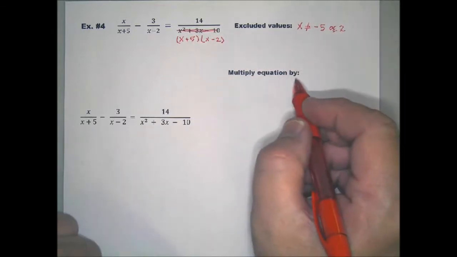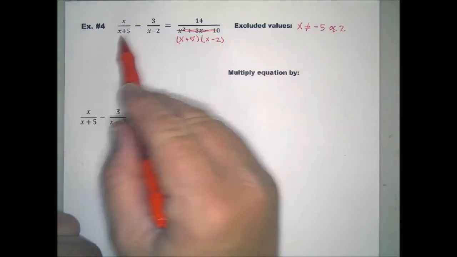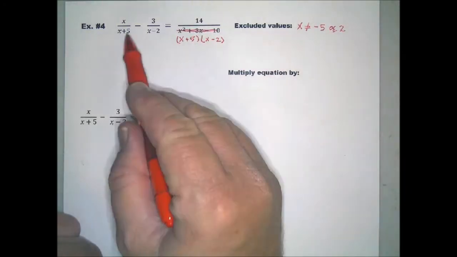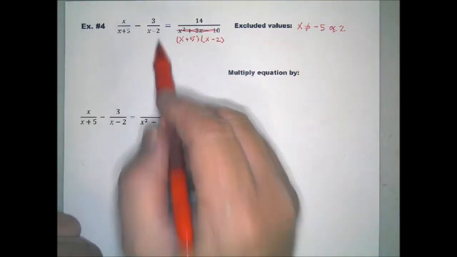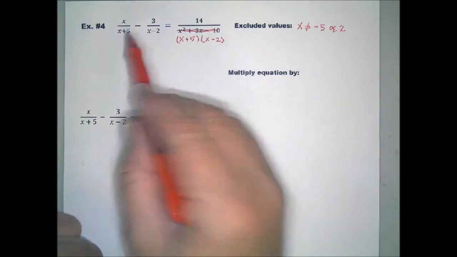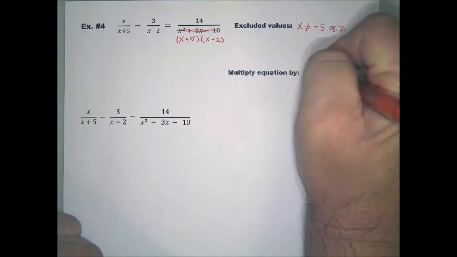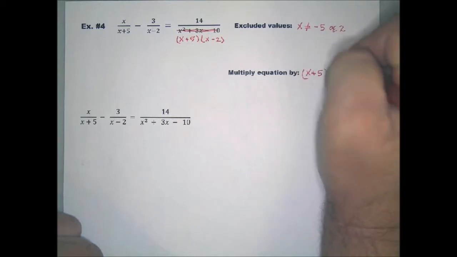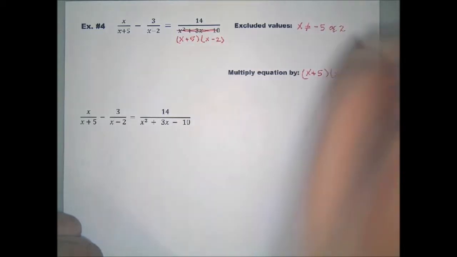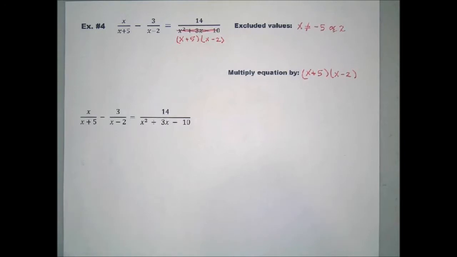Now, the next thing, let's multiply the equation by the product of the two denominators, because the least common multiple is x plus 5 times x minus 2. So that's going to be the key to the rest of this problem.